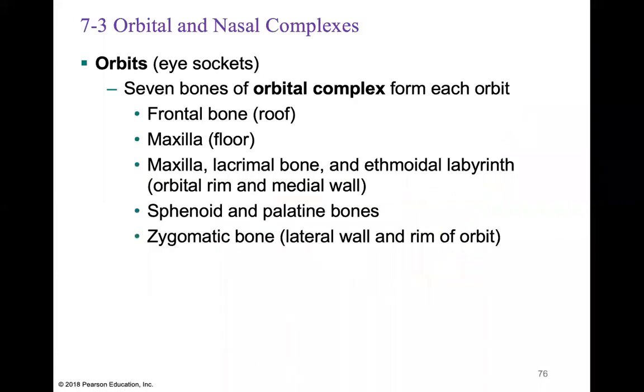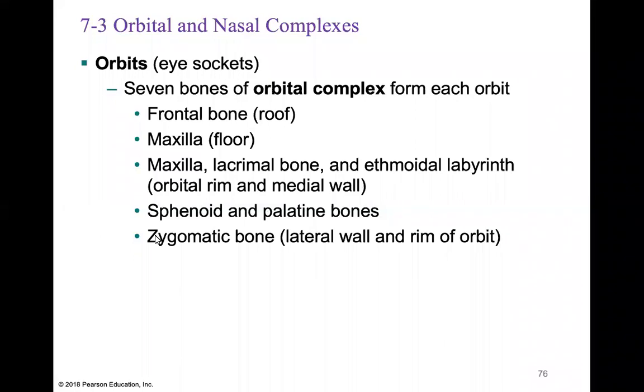Okay, so the orbits of the eye, or your eye sockets, these 7 bones will form the orbital complex to form each orbit of the eye. And the 7 bones are the frontal bone, your 2 maxilla, the lacrimal bones, ethmoid bones, sphenoid, and palatine and zygomatic bones.